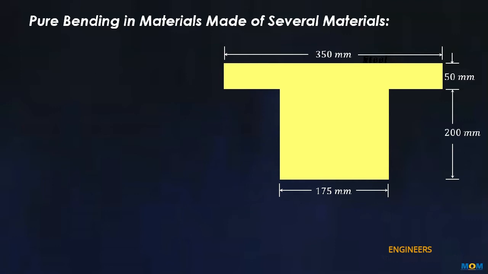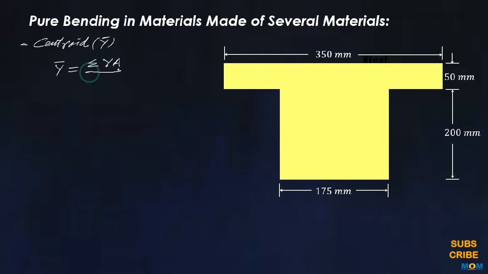In this case, the first step to proceed is that we have to calculate the overall centroid, y bar, with this equation: summation of the product of individual centroid and the area, upon the summation of area.